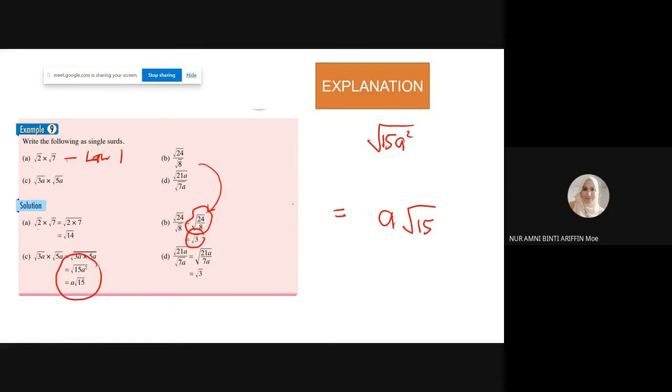It has already been simplified, because here it should be A square root times the square root of 15, right? So the A square and the square root cancel out, so it will become A square root of 15.